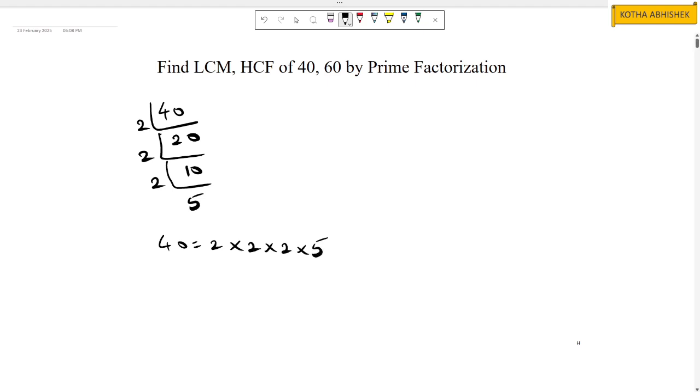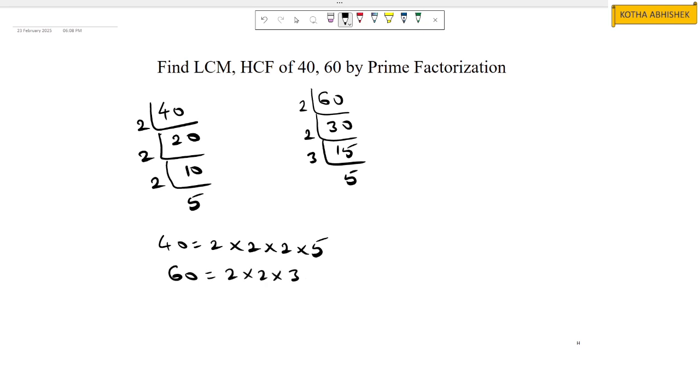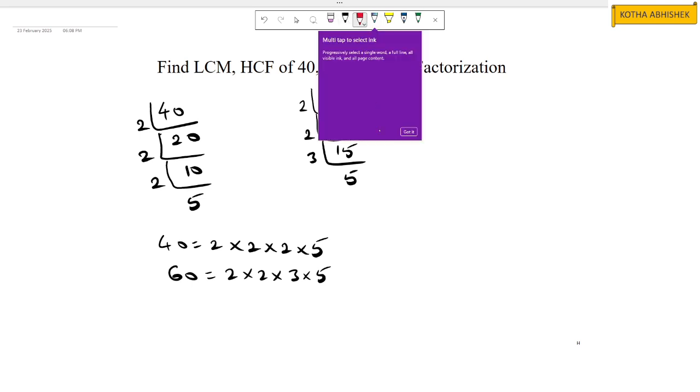Next number 60. 60 comes in the 2 table, 2 times 30, 30 comes in the 2 table, 2 times 15, 15 comes in the 3 table, 3 times 5, 5 itself is a prime number, so we can stop the process here. 60 equals 2 into 2 into 3 into 5. Now let us try to write the HCF as well as the LCM.